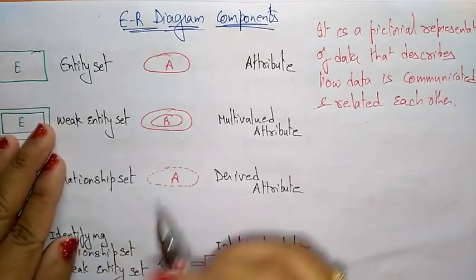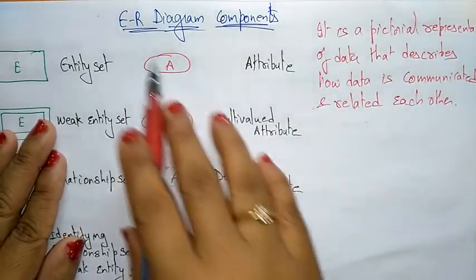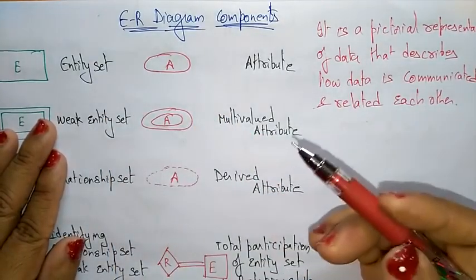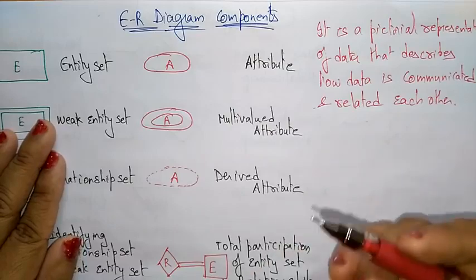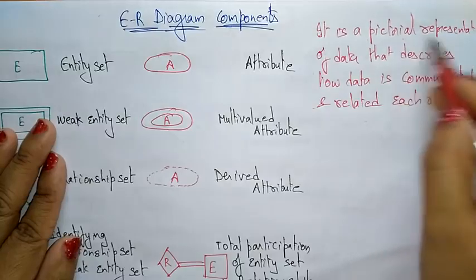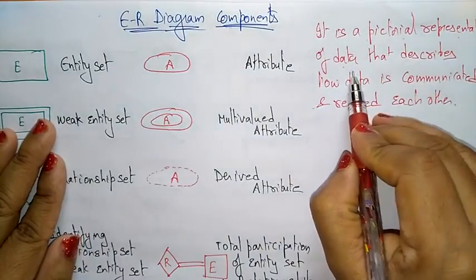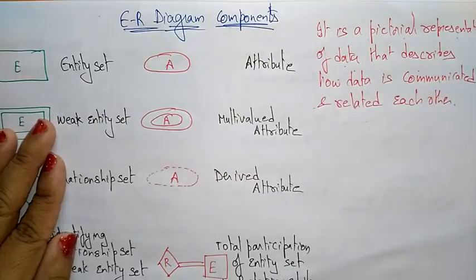So first we will represent all the tables in diagrammatic form, meaning what components we will use in the tables. So ER diagram is nothing but a pictorial representation of data that describes how data is communicated and related to each other.